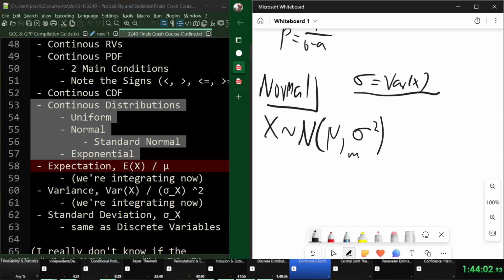But the thing on the right-hand side of this bracket is the variance of a variable, just like our formula sheet said. Don't have the formula sheet with me, but that's fine. So this is how you write the thing for a normal distribution. You have mean and you have variance.